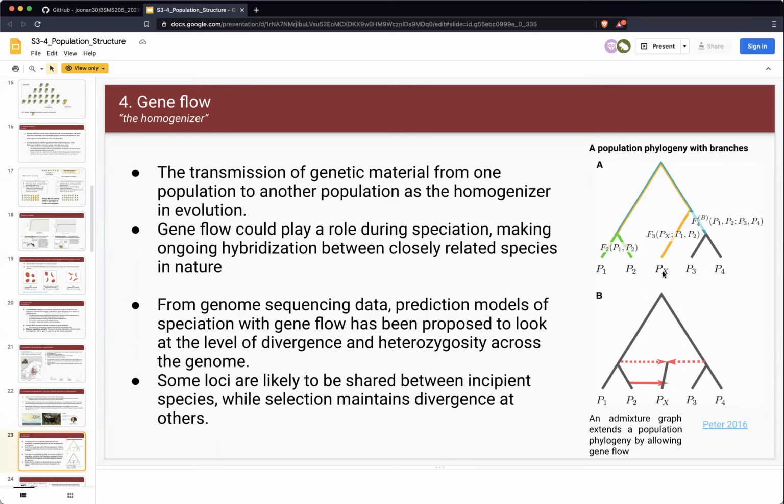But sometimes we also have mixture between the populations, right? Let's imagine that population 2 and population X are geographically close enough. Then population 2 can merge with population X, or populations 3 and 4 merge with population X, right? Populations 2, 3 and 4 merge in the place between these two areas, right? So gene flow is how these populations mix with each other.